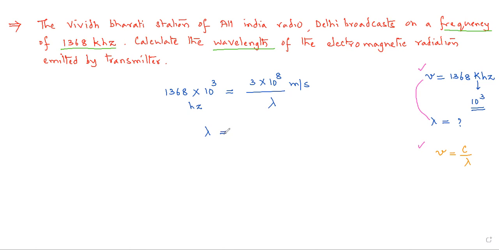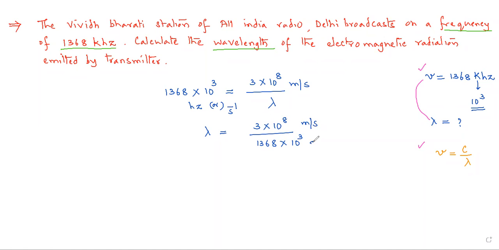You will get the value of lambda from this. So that is 3 into 10 power 8 by 1368 into 10 power 3. You can say that this is cycle per second or simply per second.